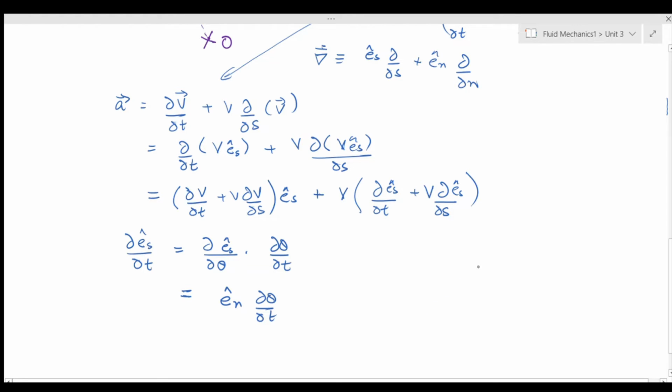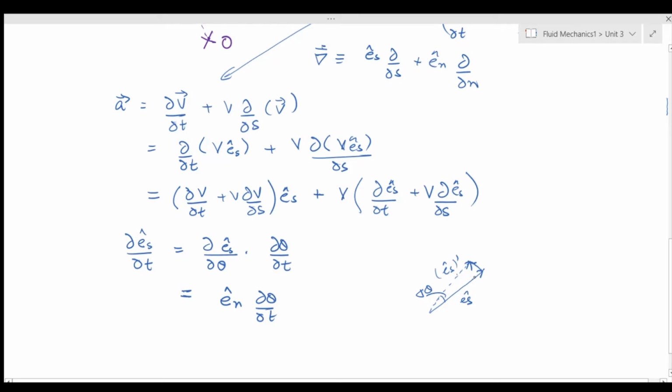So let's say I have here Es, and it moved a little bit. And then I have Es dash here, and the angle made here is del theta.